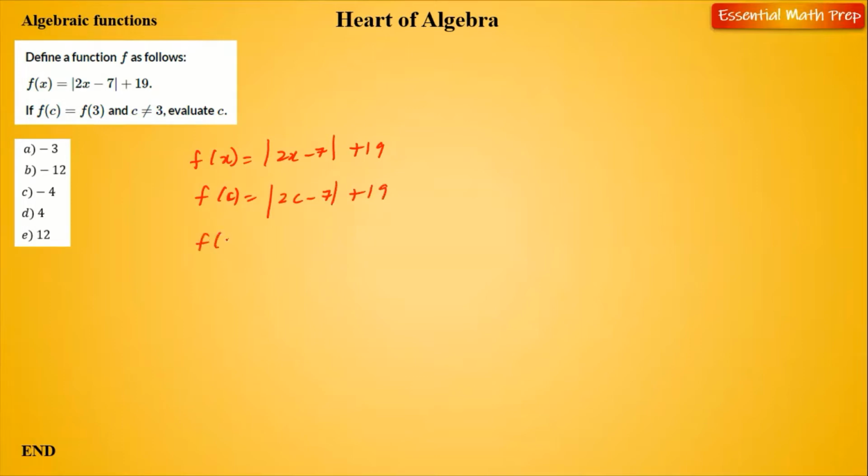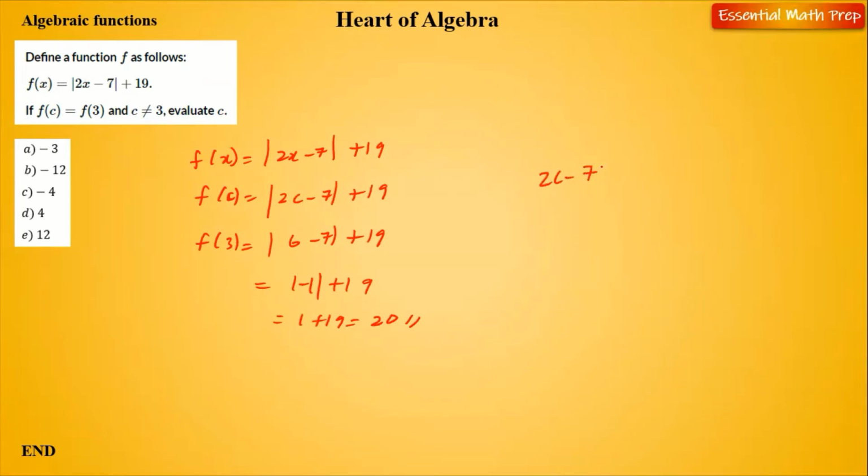So what is f of 3? That would be 2 times 3, which is 6, minus 7, plus 19, right? So that would be the absolute value of negative 1, which is 1, plus 19 equals 20, right?